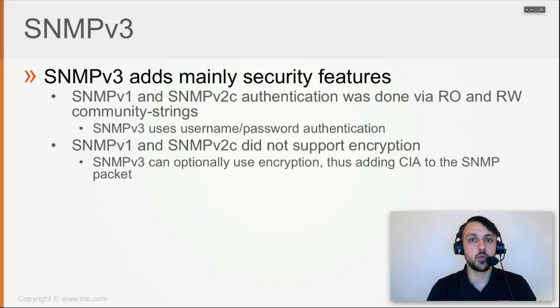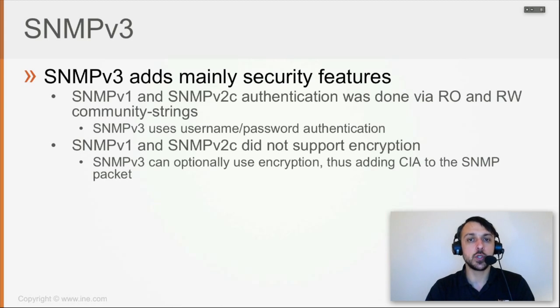But either way, for those messages to be authenticated back and forth between the agent and the manager, both V1 and V2C made use of what is called community strings. You can see that as a shared password between the server and the agent.